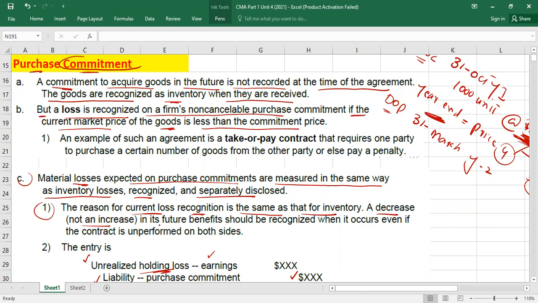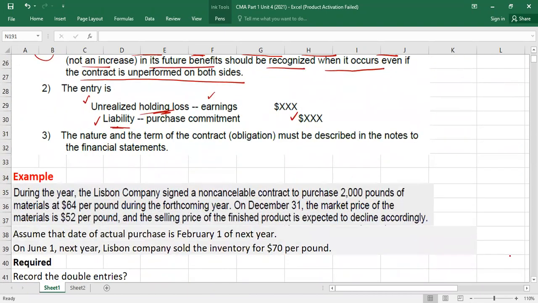Only decrease. The loss in its future benefit should be recognized when it occurs, even if the contract is unperformed on both sides. As I told you, you have to focus on year-end losses. Understood? And we have studied the entry also. Now let me show you all these things with the help of examples. So here we also have point number 3, which we need to understand.